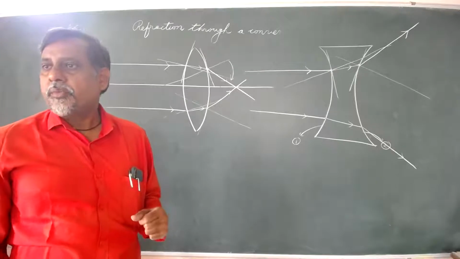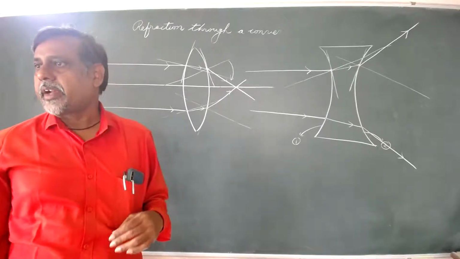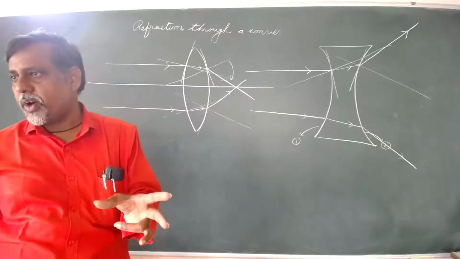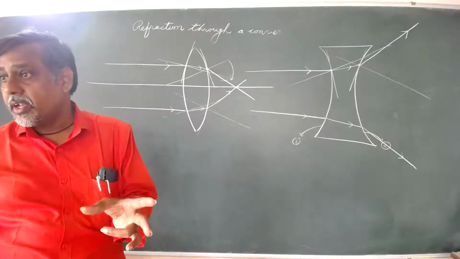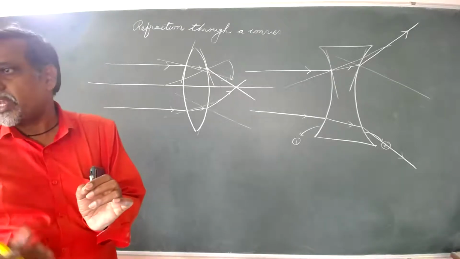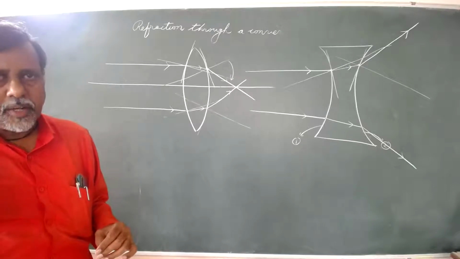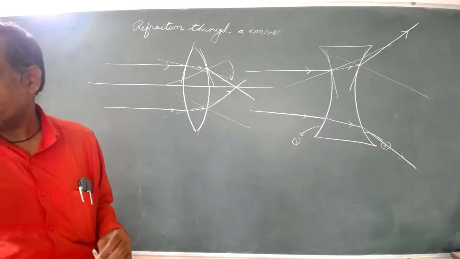Next, when the object is beyond the center of curvature, the image gets formed between the center of curvature and focus on the other side of the lens, which is real, inverted, and diminished. Not highly diminished, but diminished.